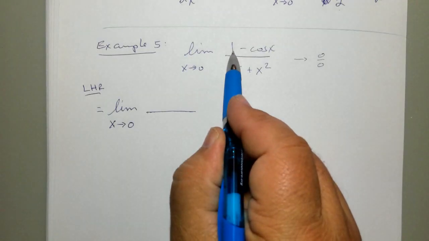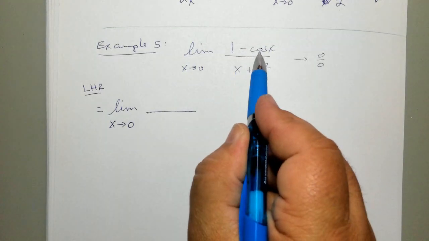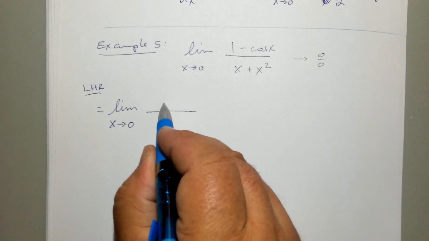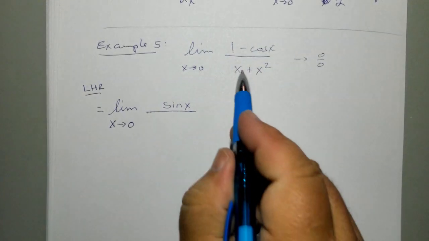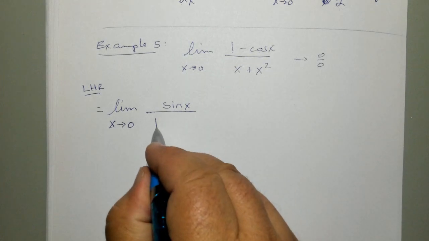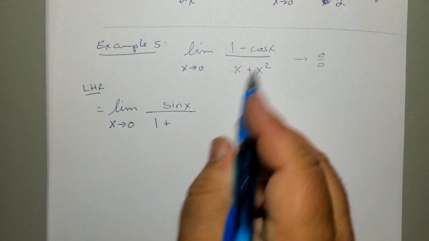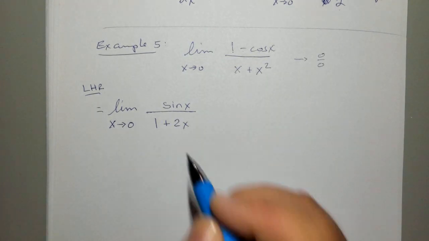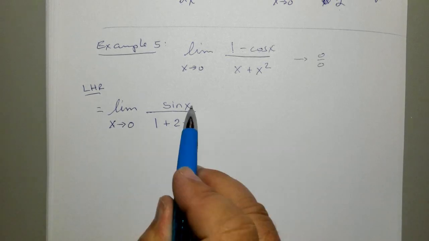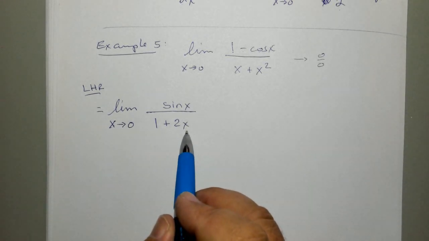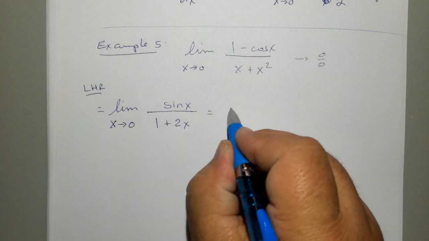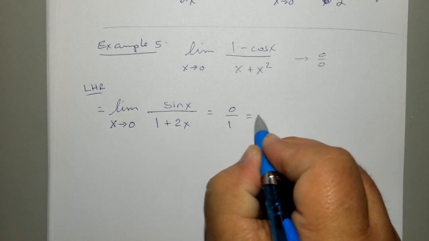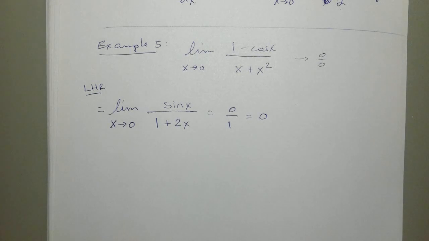The derivative of 1 is 0. Derivative of cosine is negative sine. The top is sine. Derivative of x is 1. Derivative of x squared is 2x. Again, 0 over 1. Is 0.